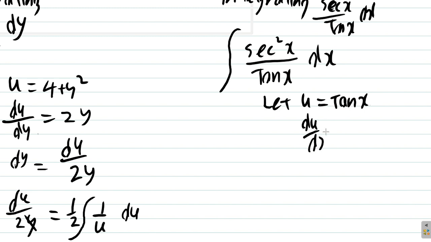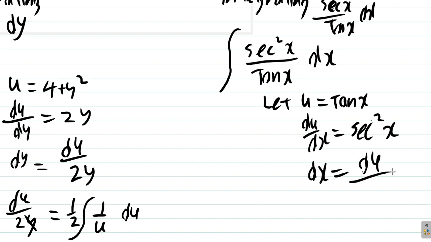du/dx equals, remember what you get when you differentiate tan x? You get sec squared x. Alright? Then what is dx now? dx is equal to du over sec squared x when you transpose this.